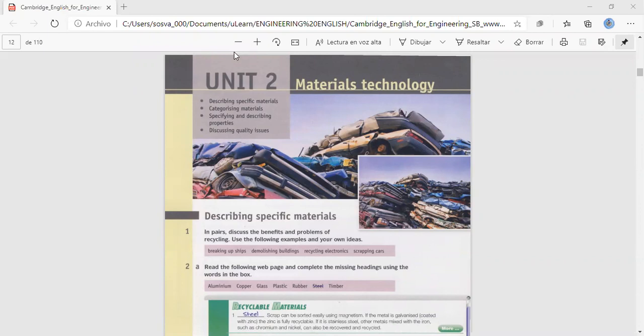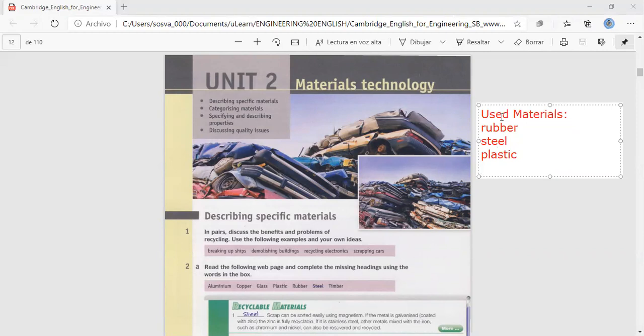Well, I'm going to write them. Talking about materials, you say plastic, rubber, steel. We said plastic, of course. What more can you use as engineering materials?